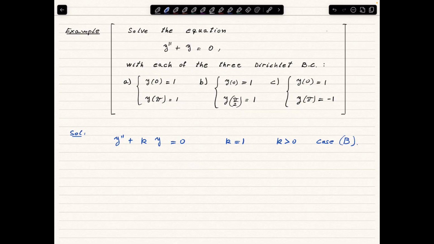Otherwise, we are going to get unique solutions always. So let's put that in writing. Case B in theorem above.